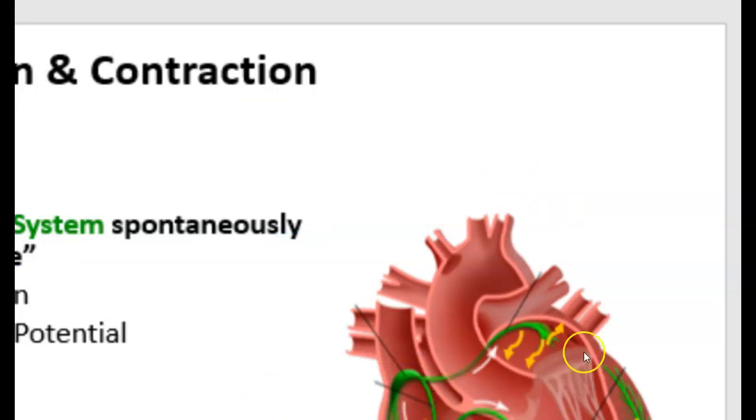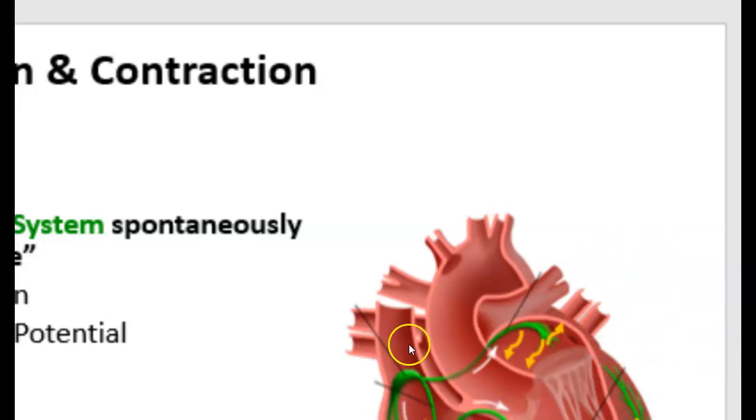And then action potentials are propagated along the atrial walls to the AV node and then to the bundle and the bundle branches. Eventually, the depolarization is going to spread to the muscle tissue of the ventricles. And so you'll also get contraction of the ventricles.